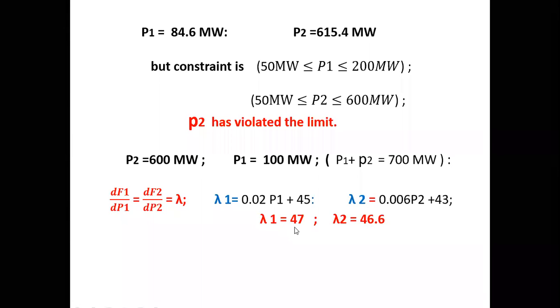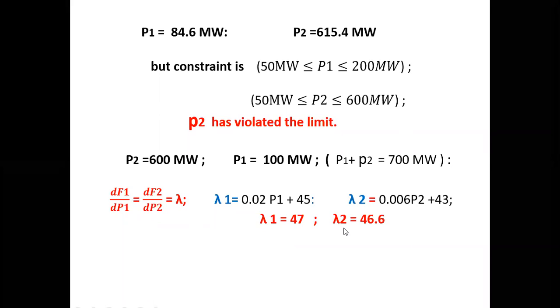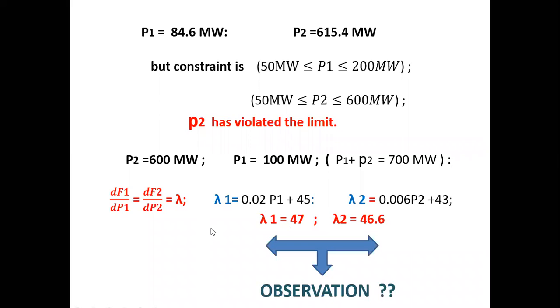But from our basic observation, this lambda must be constant for unit 1 and unit 2. What is lambda? Lambda is nothing but incremental fuel cost. But here we are getting two different lambda values. What is the observation in this case?